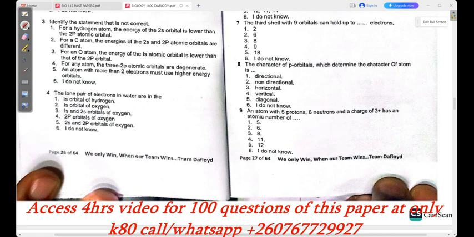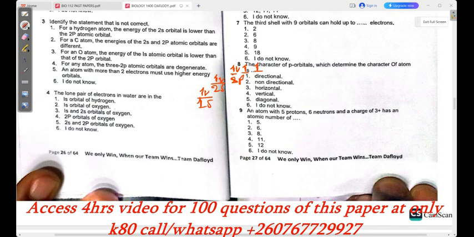No. If we use this, we're going to find that they are in the 2p. You fill with 2 here, out of 8 you remain with 6. Another 2, you remain with 4. So 1, 2, 3, 4. So the lone pairs are in the 2p orbitals of oxygen. That has to be the answer.